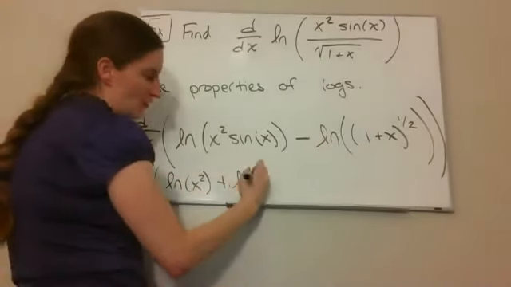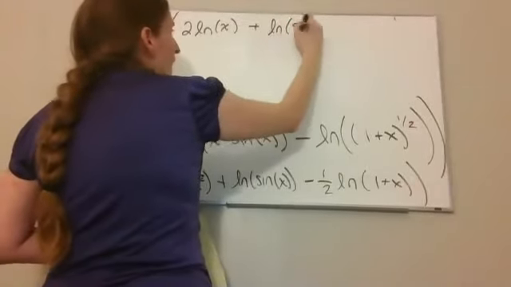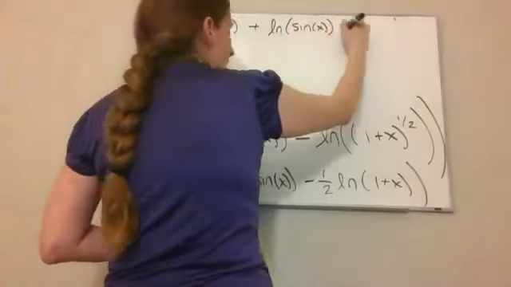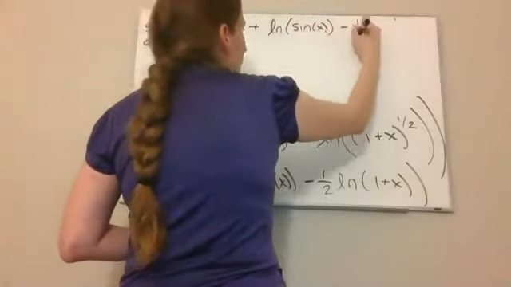This 2 can come down in the front. So rewriting again with my log properties, we will be taking the derivative of 2 natural log of x plus natural log of sine x minus 1/2 natural log of 1 plus x.